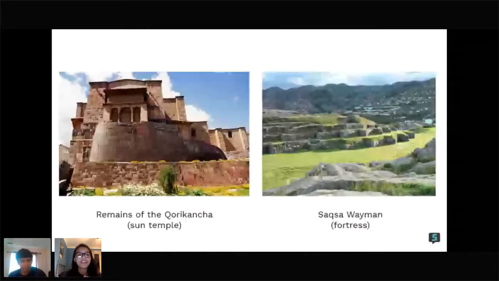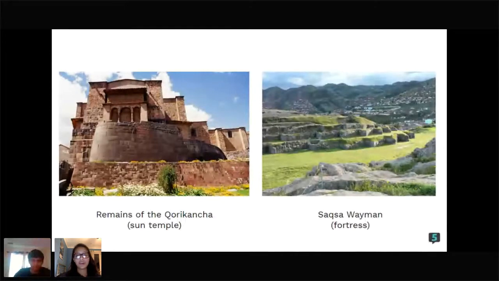So these are just some remains of the two sites in Cusco. We have the Coricancha, which is the Sun Temple. After Spanish colonization, it was turned into a church, and they actually built a convent around it.